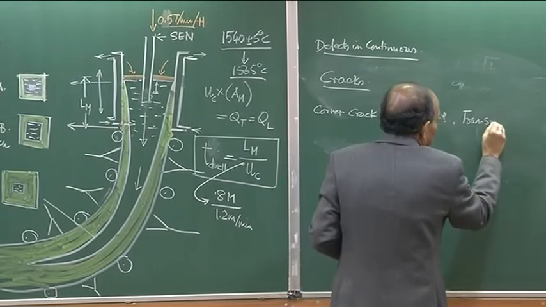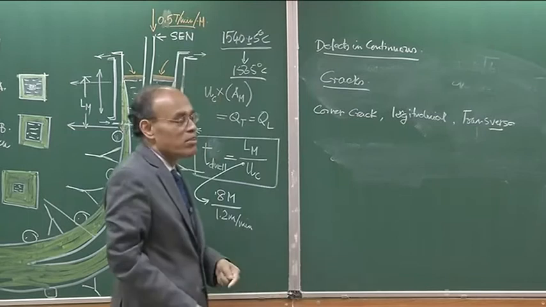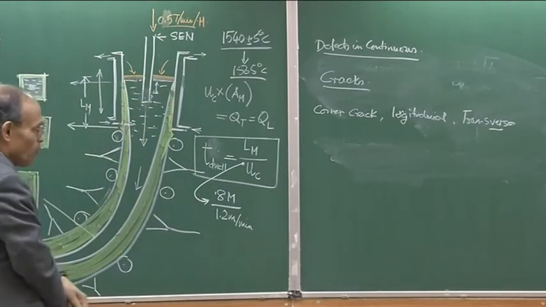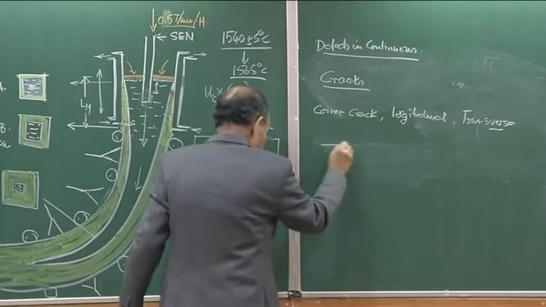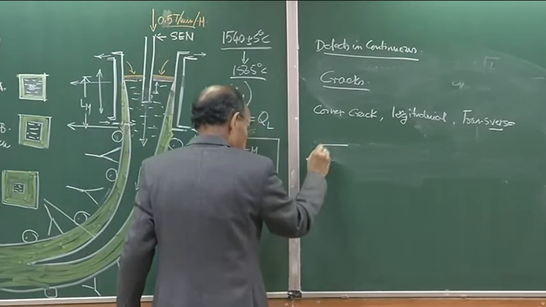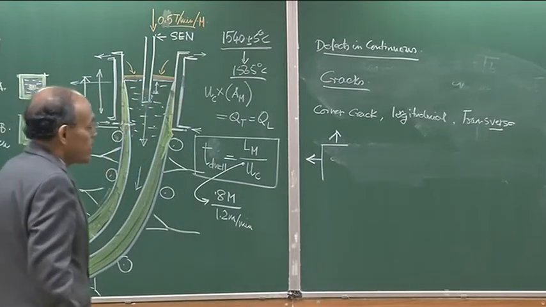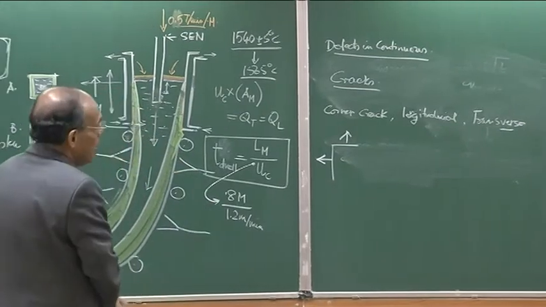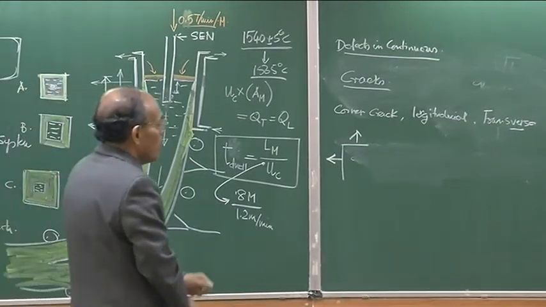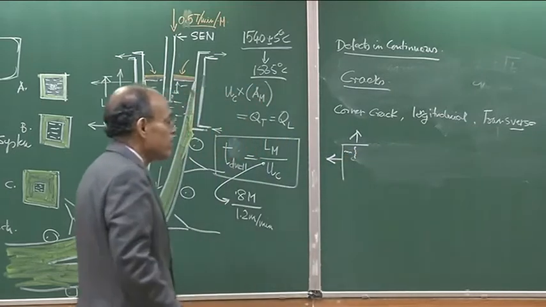And corner cracks basically occur because of faulty mould designs, that you have two dimensional heat extraction rate. So, the heat is being extracted in the corner region too rapidly, and as a result the corner of the billet or bloom is sharp, and particularly cracks can originate here.